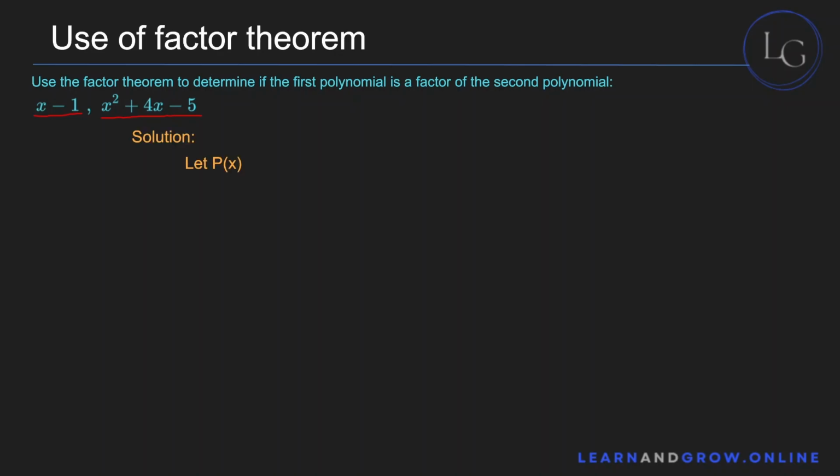So how do we see this? Basically, you can write x minus 1 is equal to 0, as you did in the remainder theorem, and you'll see that the value of x you get from this is 1.